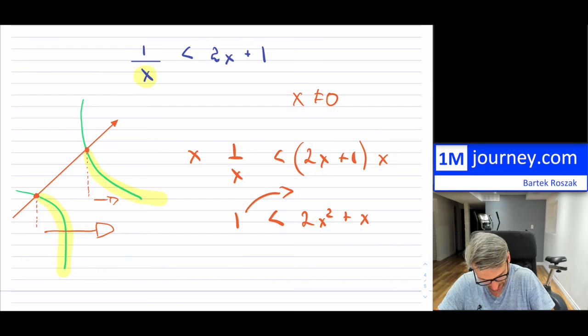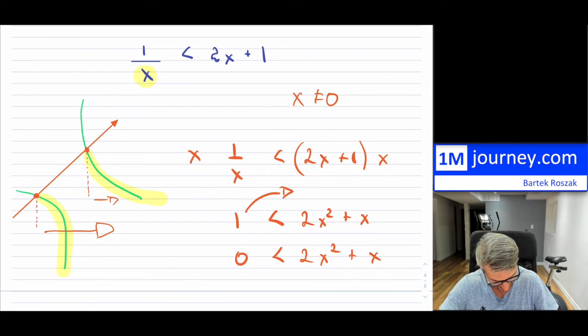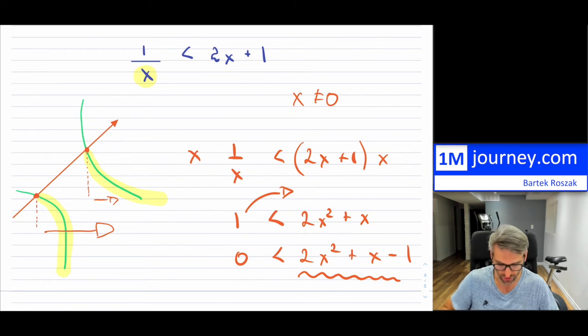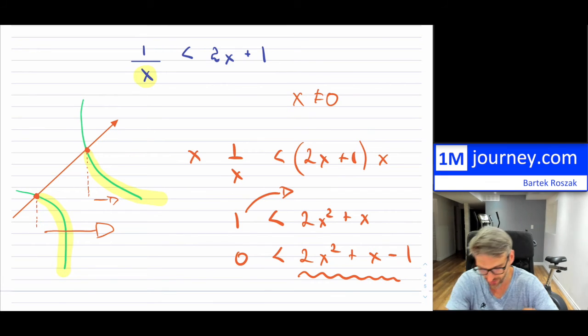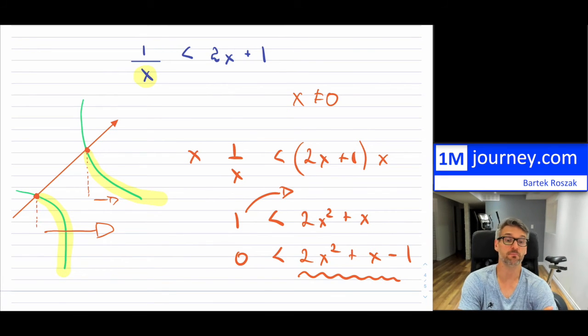I can bring this one over, so I'm going to get 2x squared plus x minus 1. And I can see whether this quadratic has these zeros, so maybe I can find these 2 points that it might work for.